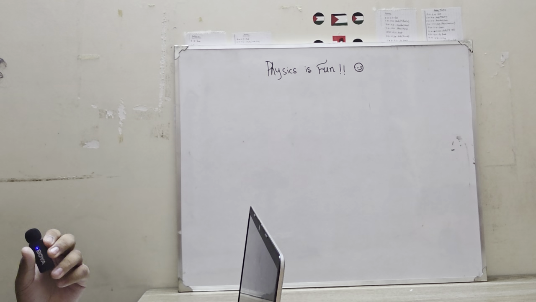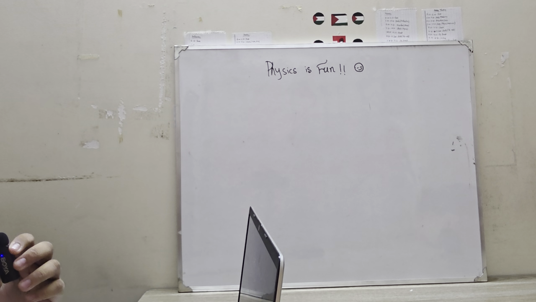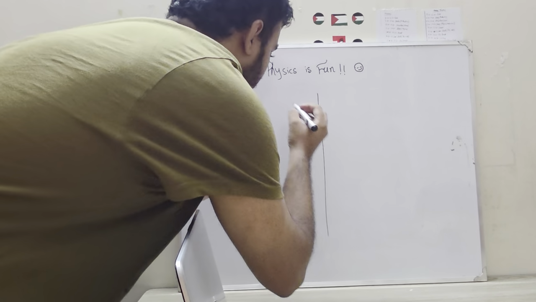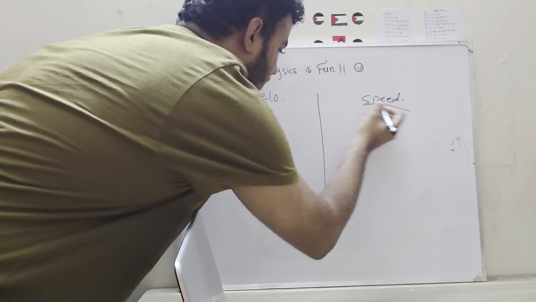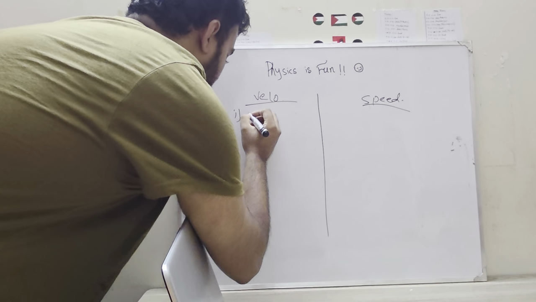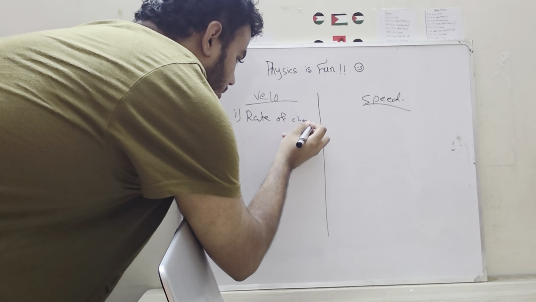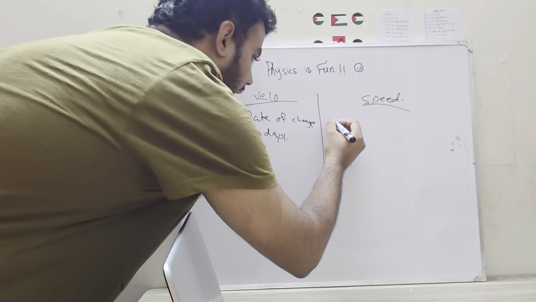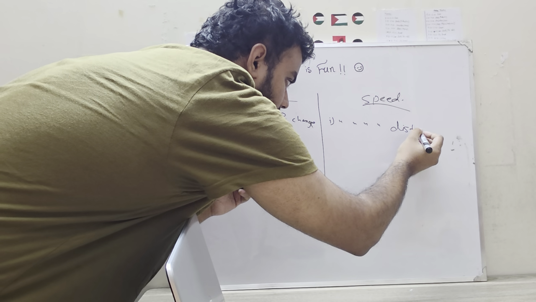So first of all, let's do a recap. I will give some differences between speed and velocity. Velocity is the rate of change of displacement, and speed is the rate of change of distance.